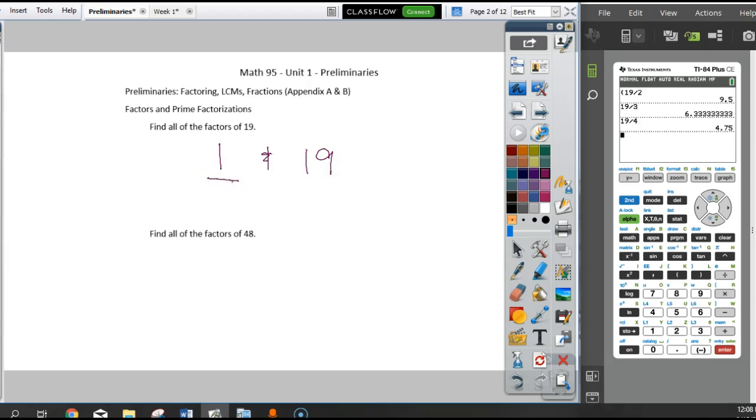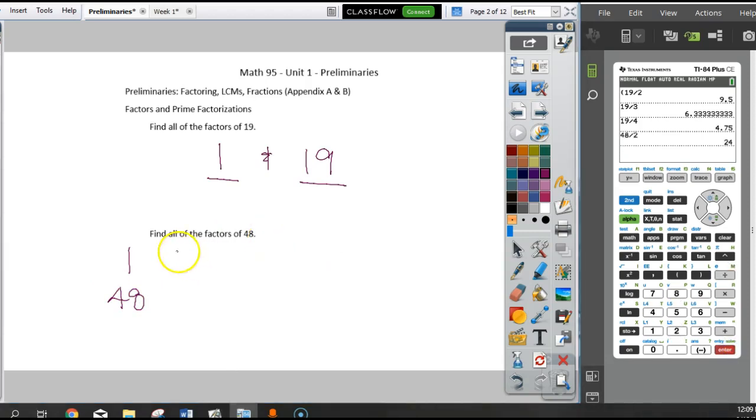1 is always going to be a factor because we know that 1 times any number is itself. And so 1 and the number itself will always be factors, but beyond that, 19 is not going to have any other factors other than those two. So 48, we know that 1 and 48 are going to make sense. 48 is even, so you can divide it by 2.